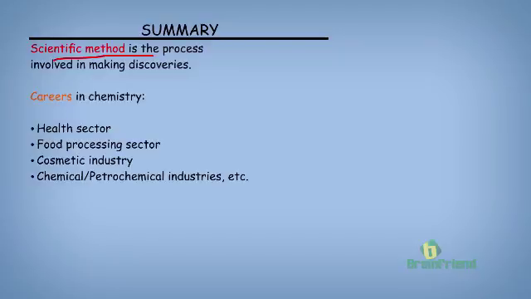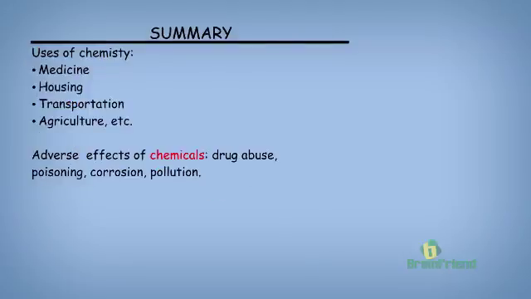Some of them are in the health sector, in food processing sector, in cosmetic industries, in chemical and petrochemical industries. And then we said that there are different uses of chemistry. They are used in medicine, for housing, transportation, agriculture. And then disadvantages or adverse effects of chemicals are drug abuse, poisoning, corrosion, pollution.